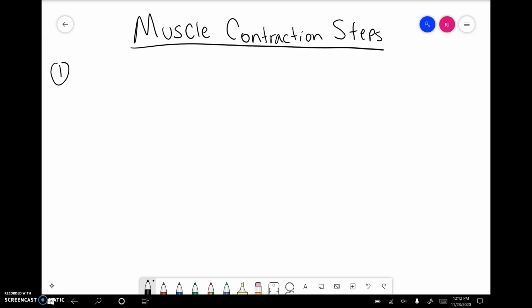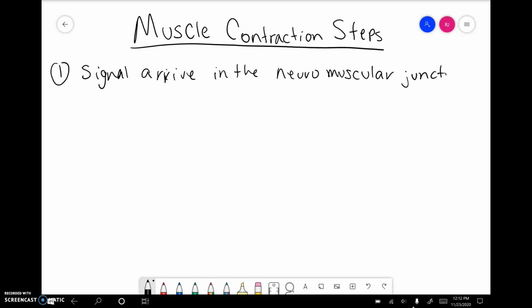So the first thing that we're going to start with is step 1. We're starting at the initial part of this muscle contraction, and that initial part is going to be that signal that arrives in the neuromuscular junction.